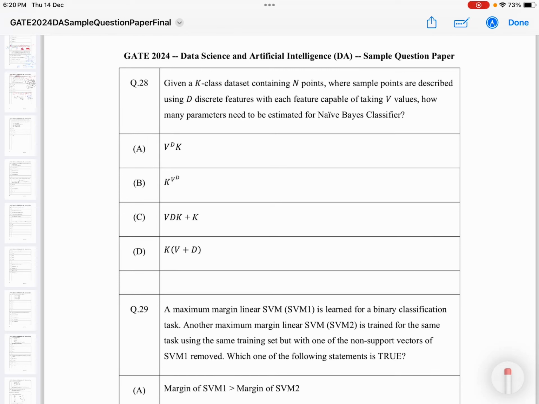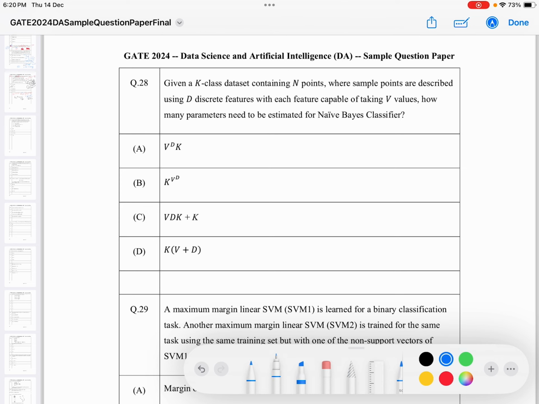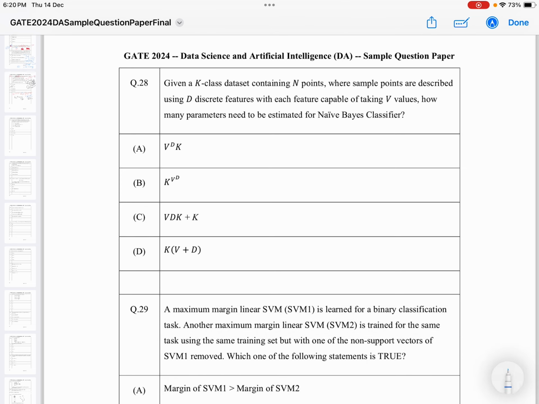Okay, let's look at this sample paper question, question number 28. This question is based on the naive Bayes classifier, and we have to look for the total number of parameters given the class and given the features, and in each feature how many values there are.